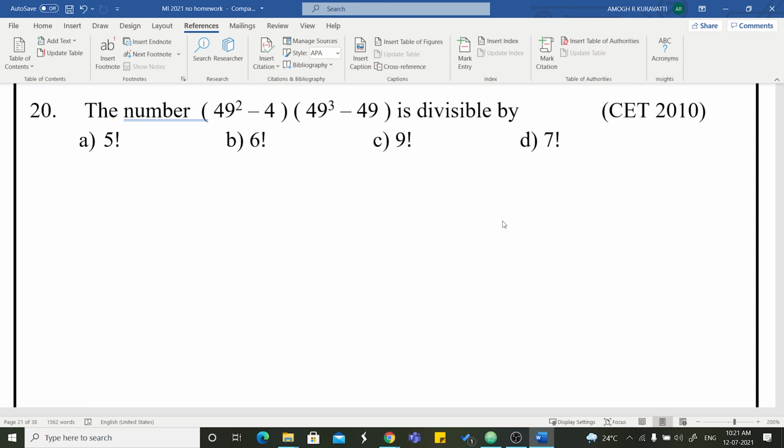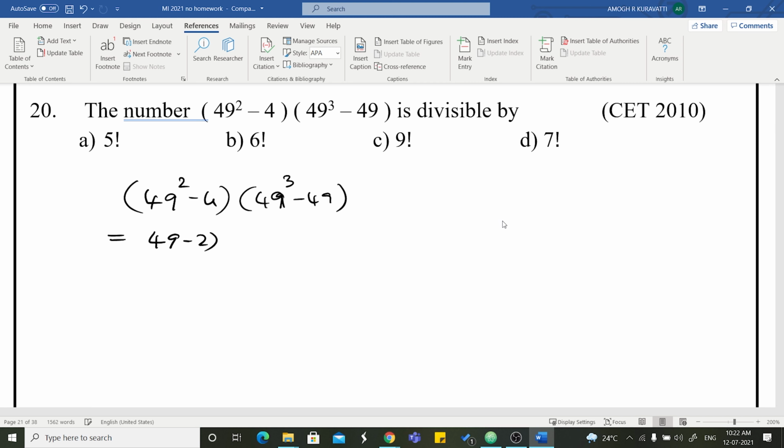Now what can you do? First split up the factors. How? 49 square minus 4 into 49 cube minus 49. 4 can be written as 2 square. It is in the form a square minus b square.